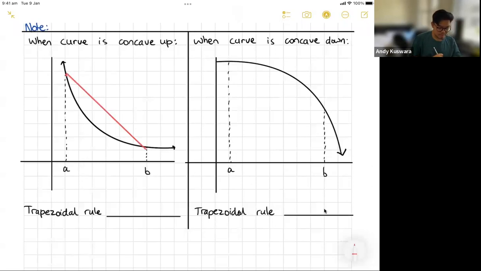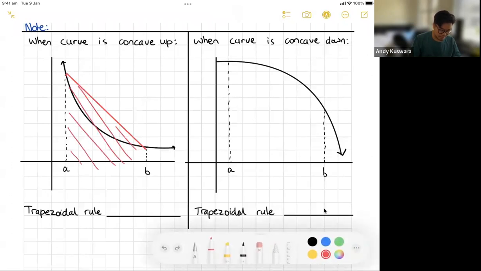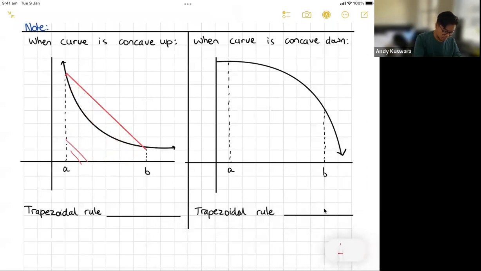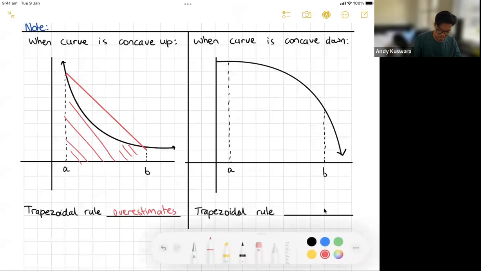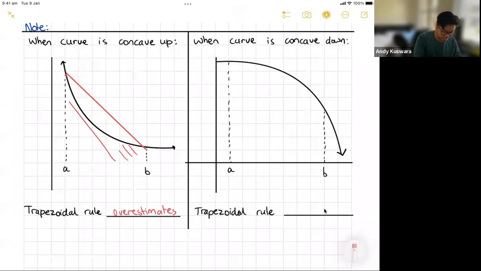So general rule of thumb is if I'm using the trapezoidal rule, when the curve is concave up, so it's kind of like on the smiley side, if you can see here, I'm going to take this whole area where really I only wanted the area under the curve, right? I only wanted this area here. So it's actually going to be an overestimation. So it actually overestimates when we're doing concave up.